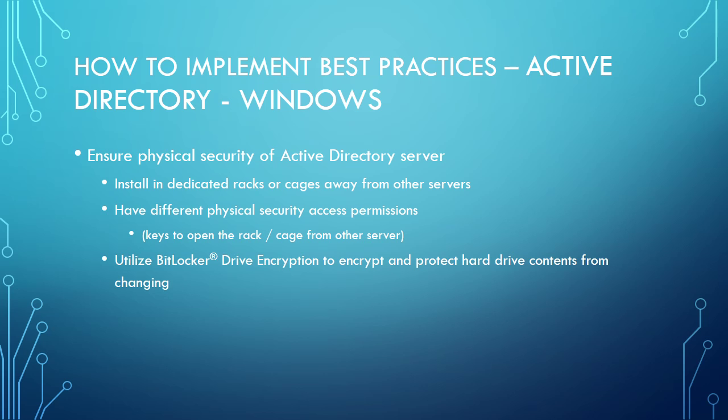And you also want to utilize BitLocker drive encryption to encrypt and protect the hard drive contents from changing. So in case hackers do breach your Active Directory server, if the hard drive is encrypted, they can't make any changes to the Active Directory.